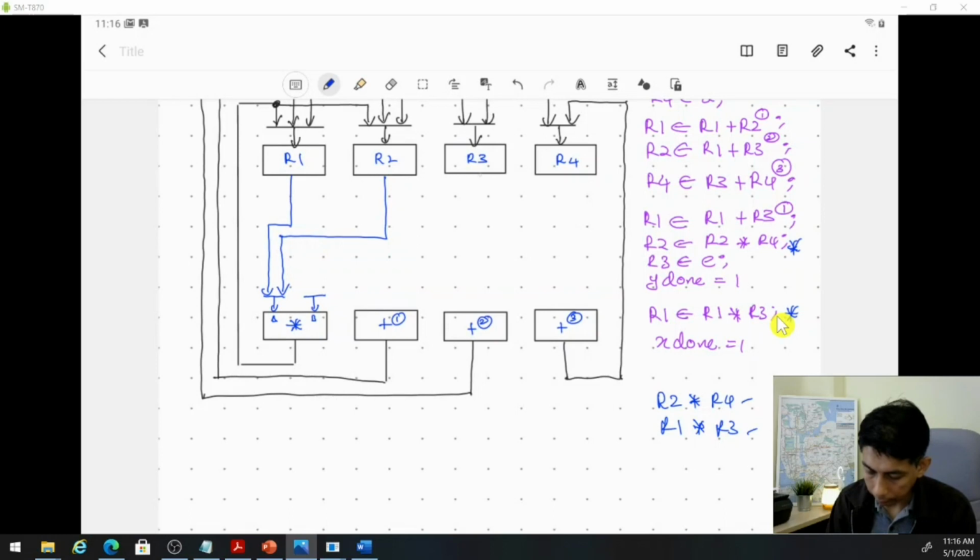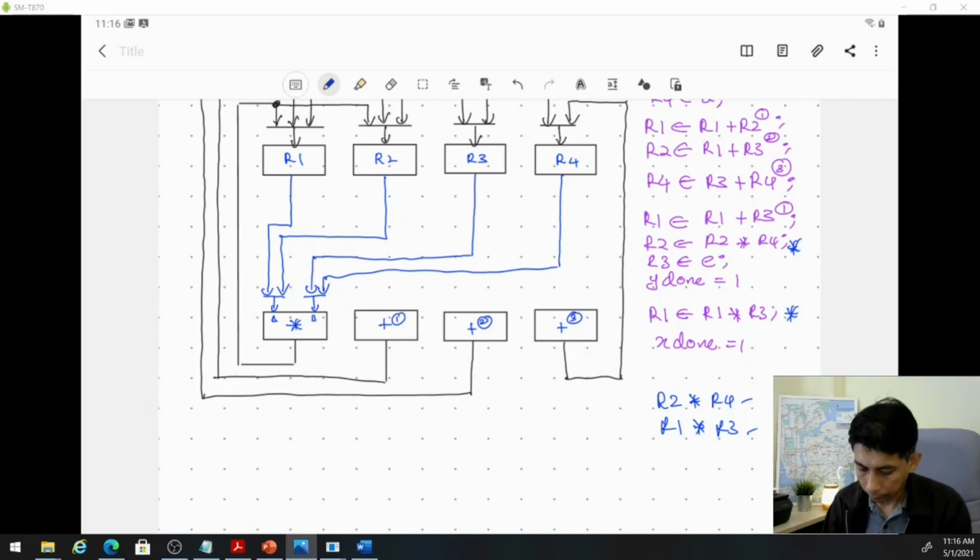So we can have here R3, and we can have R4. For this, the multiplier should be done, right? Make it look better.